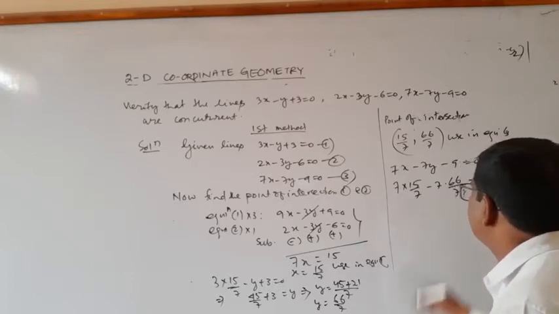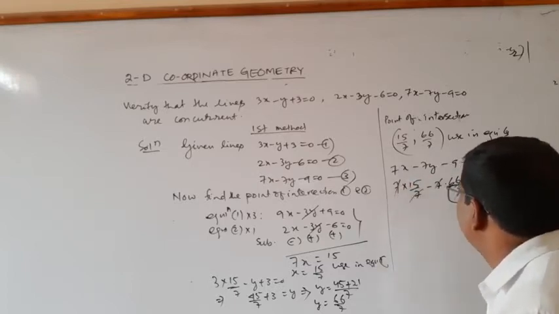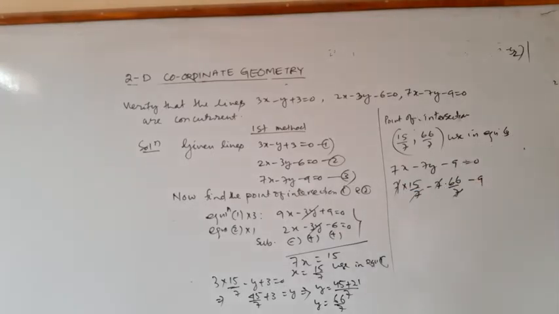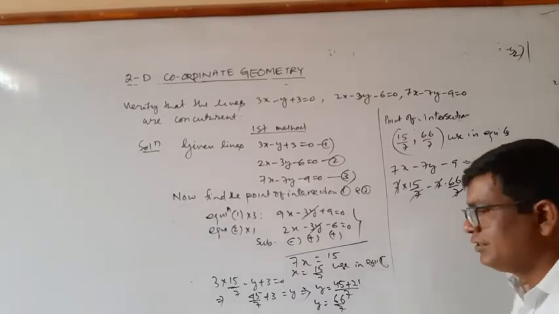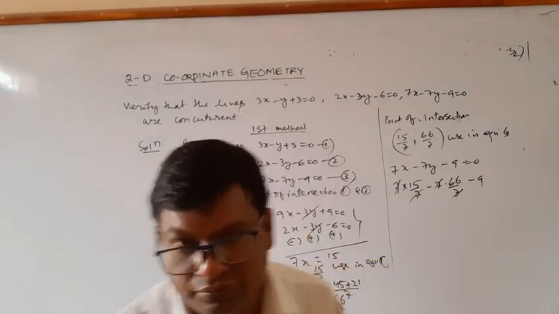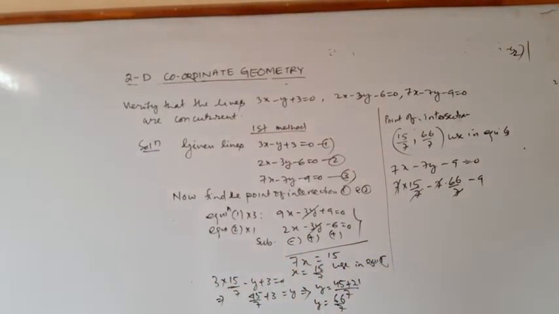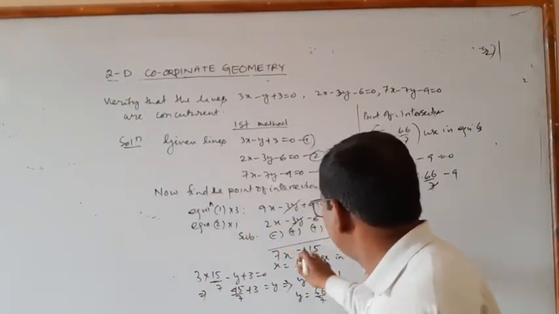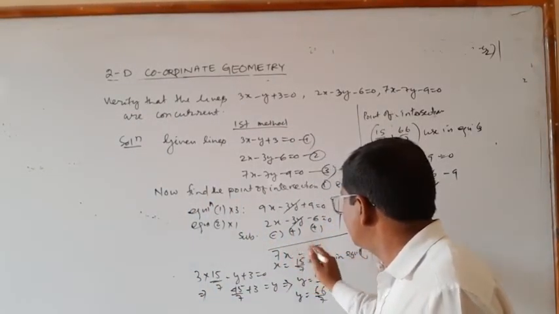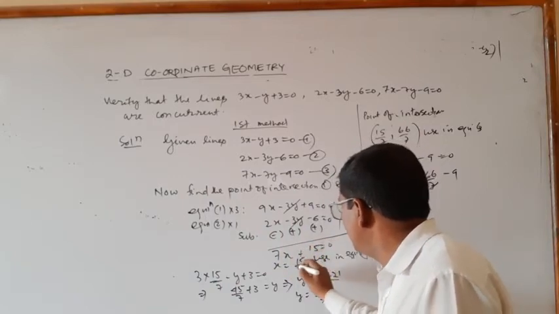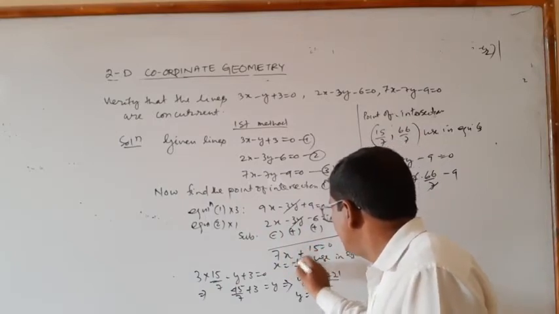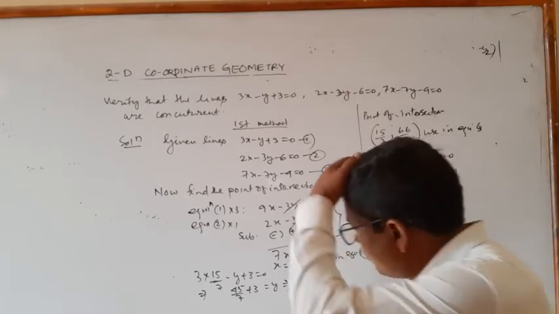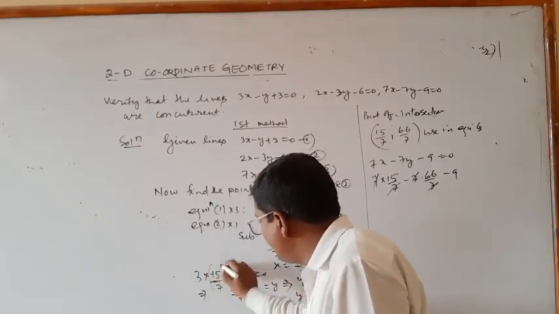The 7s cancel, and what is here? Some calculation error here, this is 7x plus 15 is equal to 0. So this is minus 15 by 7.